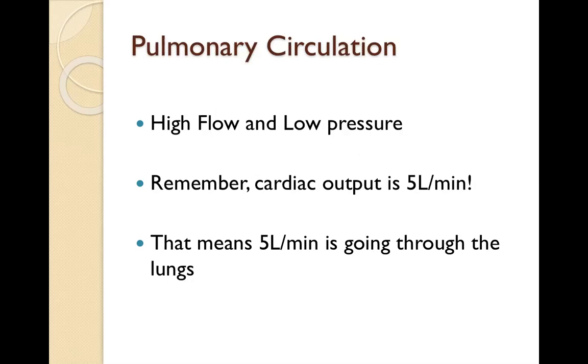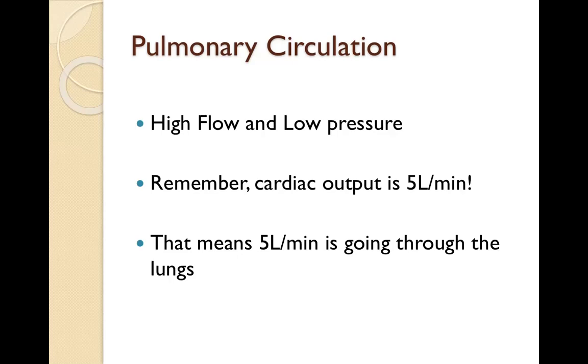Going with the blood flow around the alveoli, the pulmonary circulation is actually quite an interesting circulation. It's a very high flow circulation, but a very low pressure circulation. Remember, the cardiac output from our cardiovascular section is about 5 liters per minute. Whatever is going out of the left side of the heart has to be coming through the lungs as well.